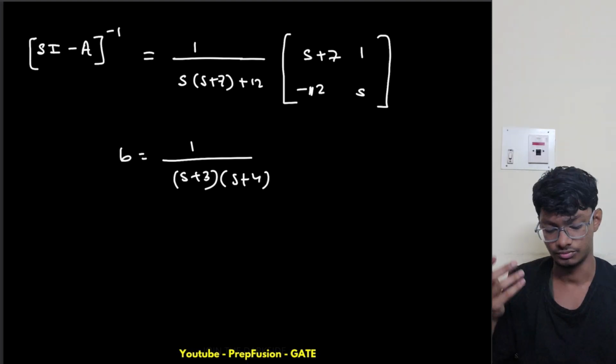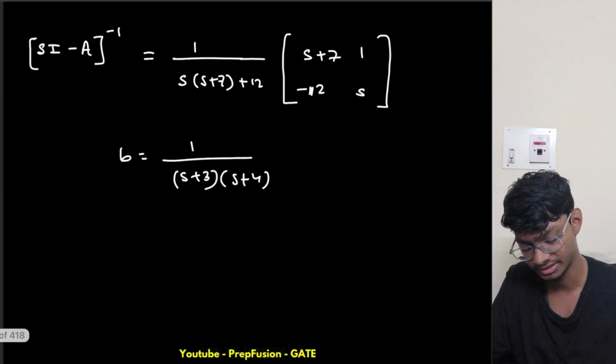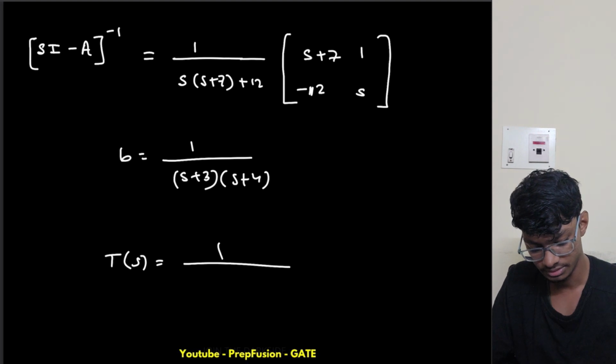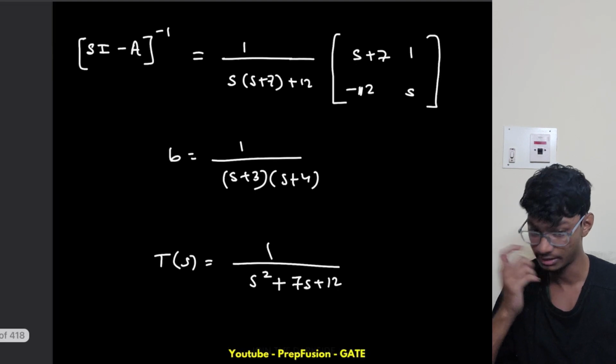Okay, so I can simply take the Laplace transform. This is my transfer function itself. So the transfer function is 1 by (s plus 3)(s plus 4), or I can write here s square plus 7s plus 12. So the thing that I told you earlier, right?